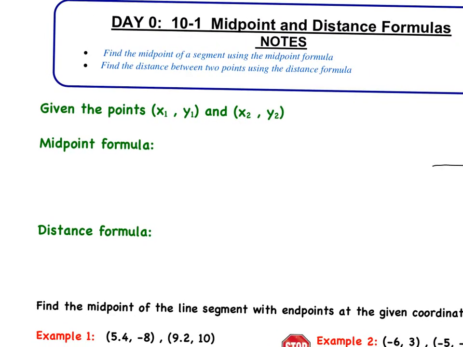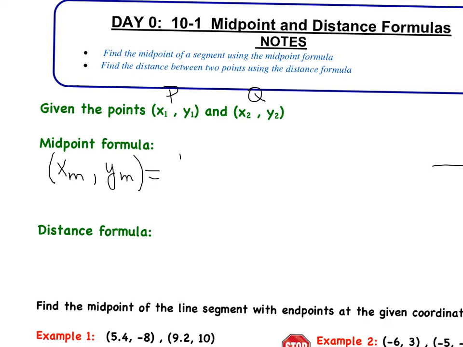Now I'm going to call the point with coordinates x1, y1 point P, and the point with coordinates x2, y2 point Q. The midpoint formula: I use a subscript m to represent the x-coordinate of the midpoint, and the y-coordinate of the midpoint also has the subscript m.